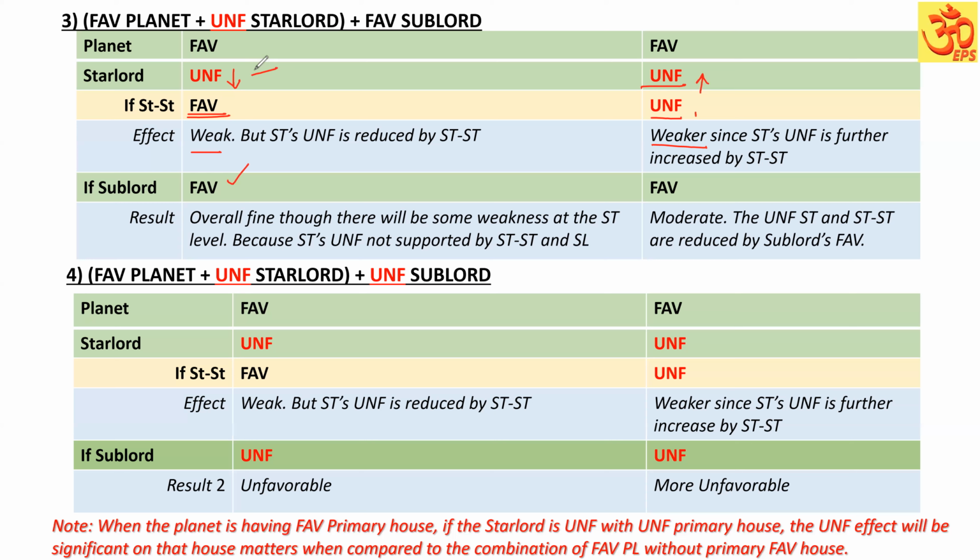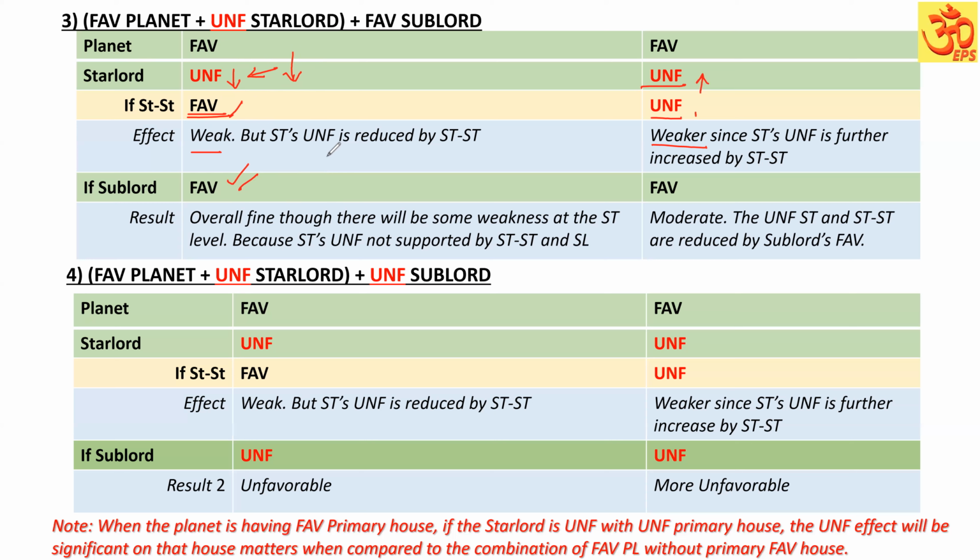Because the star lord is unfavorable, the planet's favorable effect is going to get reduced. But since the star lord of the star lord and the sublord are not unfavorable, they are not supporting the unfavorable signification of the star lord, overall it is going to be fine. I hope you have understood. Please understand, as I said previously, each planet can have mixed significations also.